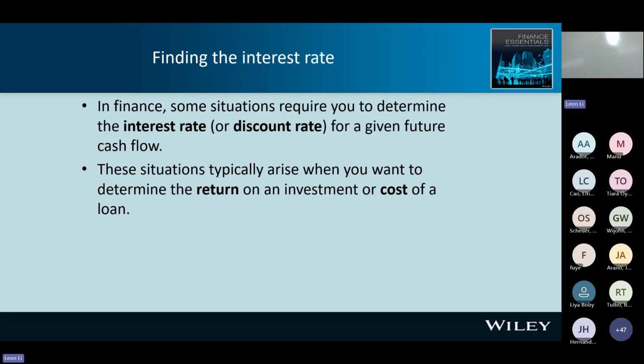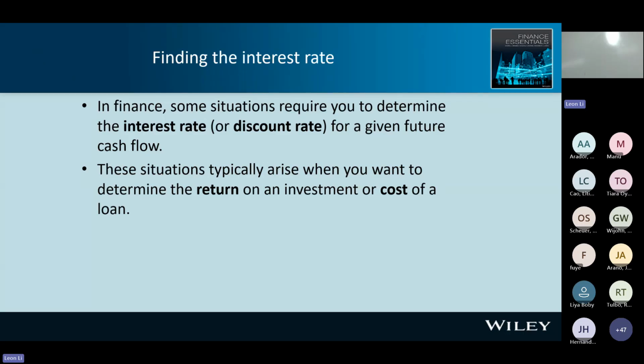So finding the interest rate. In finance, some situations require you to determine the interest rate or discount rate for a given future cash flow. This situation typically arises when you want to determine the return on an investment or the cost of a loan. Interest rate is a key variable in finance, and we have different definitions of interest rate.